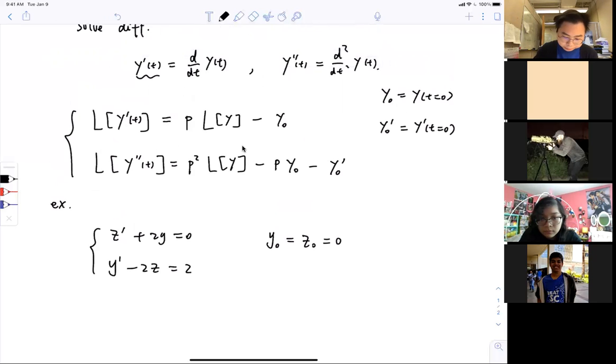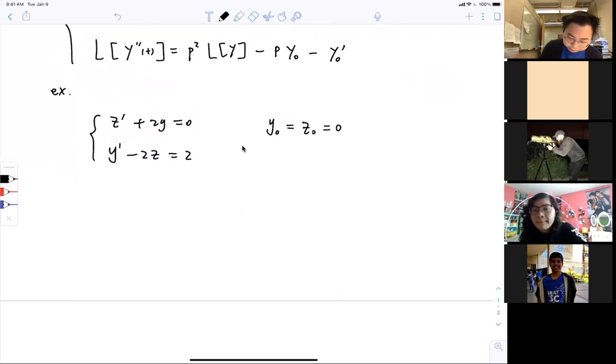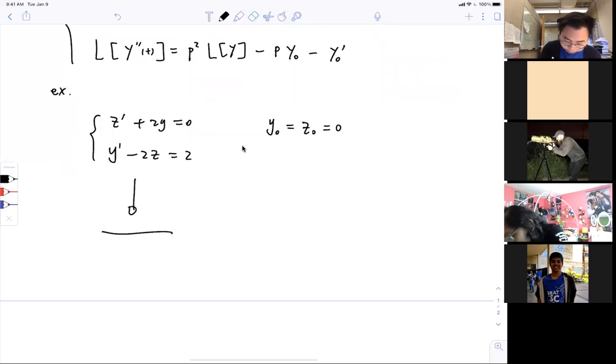If we use the Laplace transformation, the basic idea is to transform a differential equation into an algebraic equation and solve it using standard linear algebra.